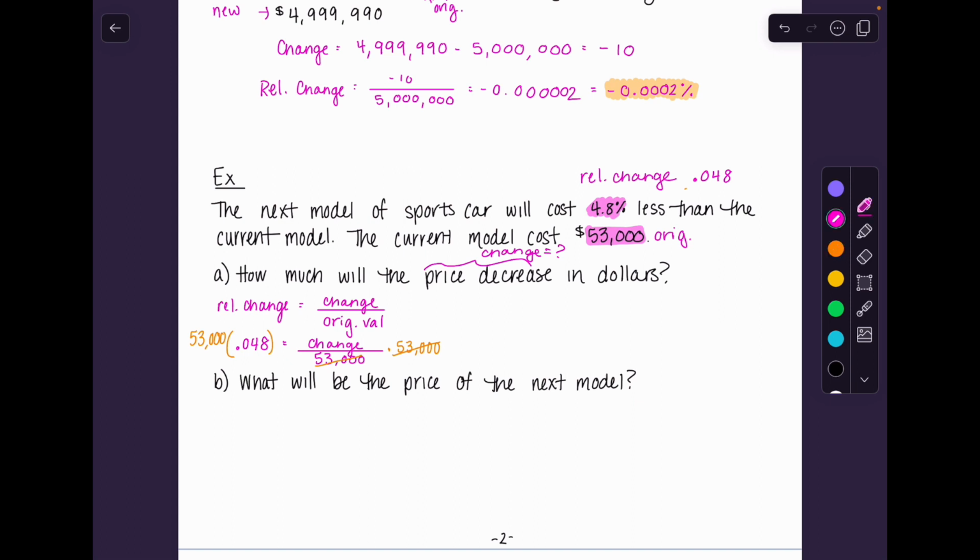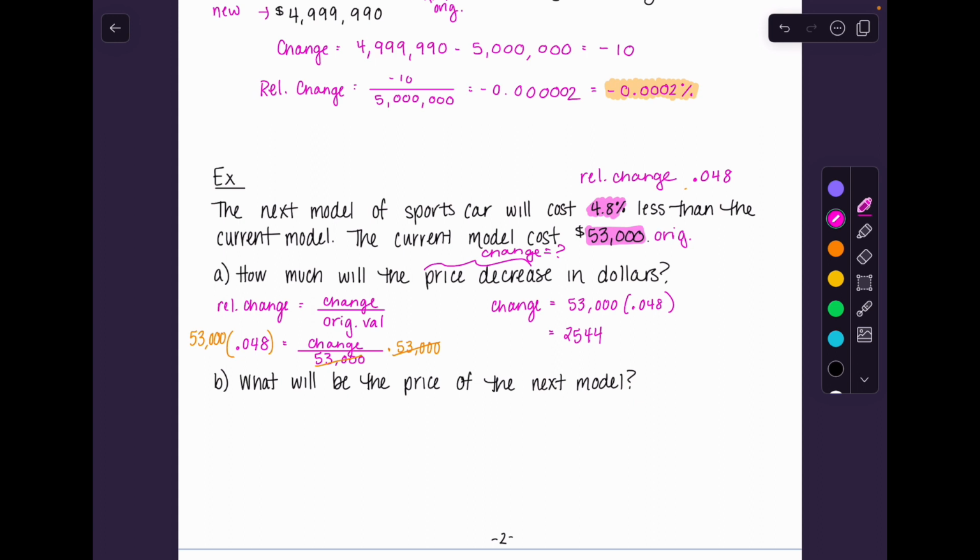So all we're doing to find our change is we're taking 53,000 and multiplying it by that 4.8%. Okay. So our change in this case, or what our decrease is going to be, $2,544. Okay. So all it is, is 4.8% of 53,000.